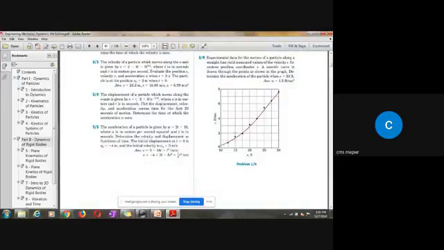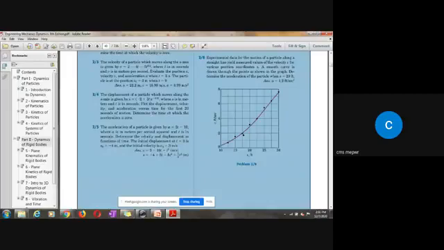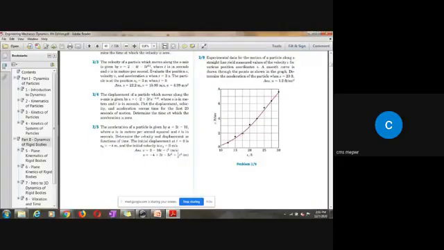The point on the curve is not at this location, right? So if you want to find out the slope of this line, you need to select any point on this curve. For example, this point, and you need to take this value on the x-axis, and you need to take the value on the y-axis, right?